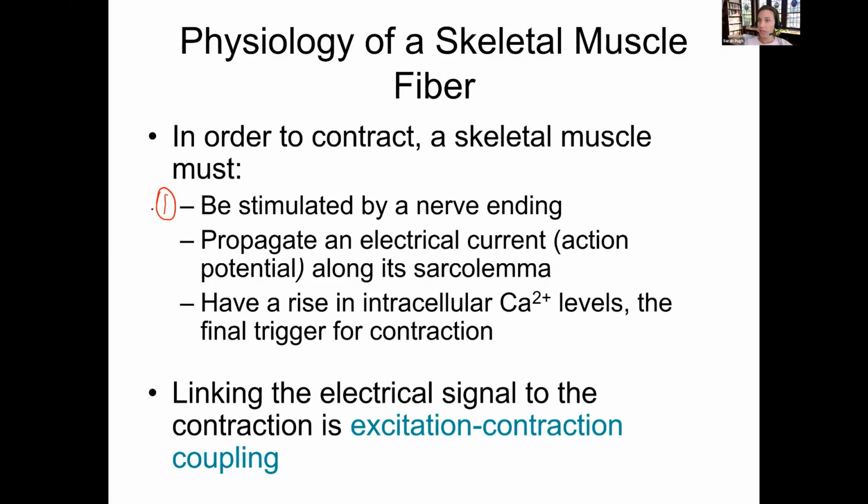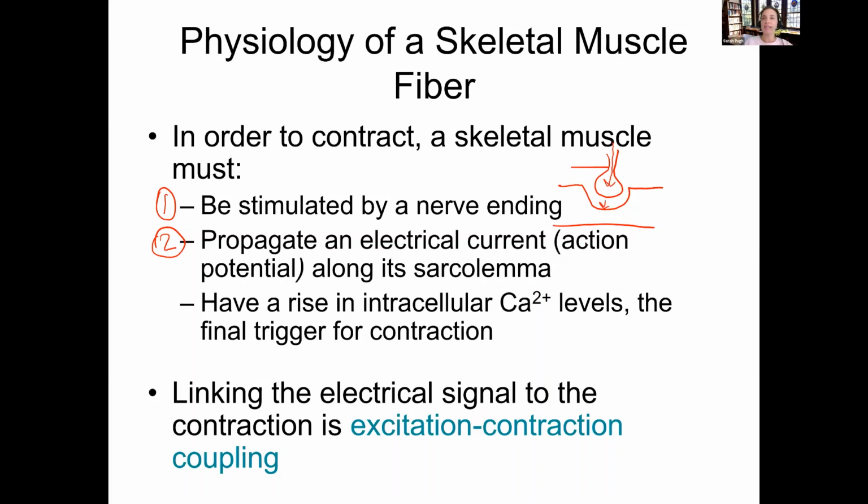Okay, stimulated by a nerve ending. You will always see when we draw out muscle physiology, I will always draw it where you've got that nerve coming in and then you've got that muscle cell. Okay. Number 2, that impulse has to be able to propagate along the sarcolemma. So remember, we have our step number 1 where the impulse comes down the neuron and jumps into the muscle.